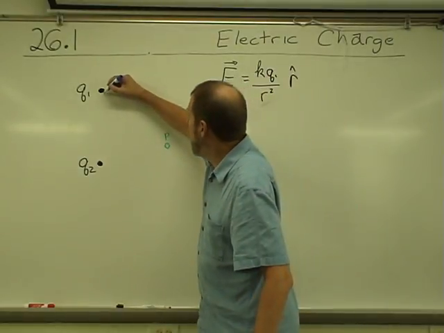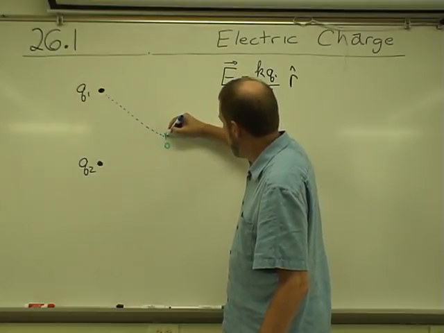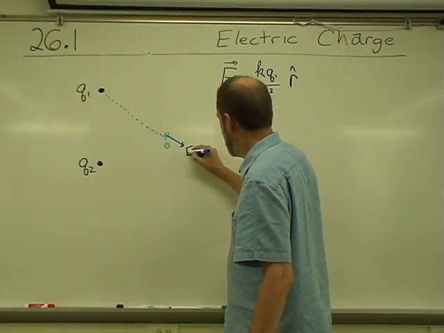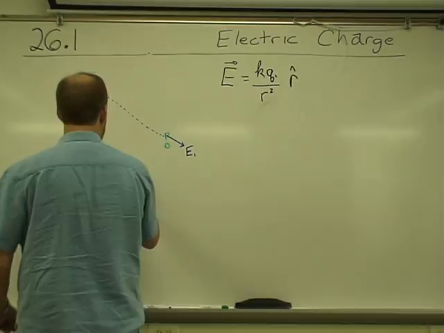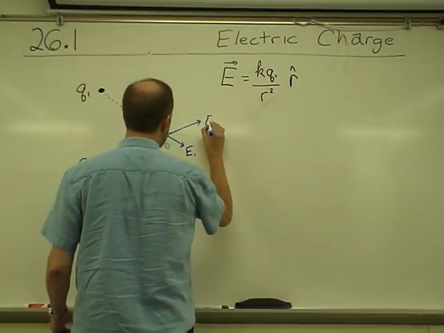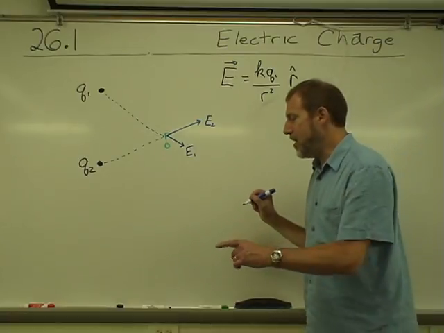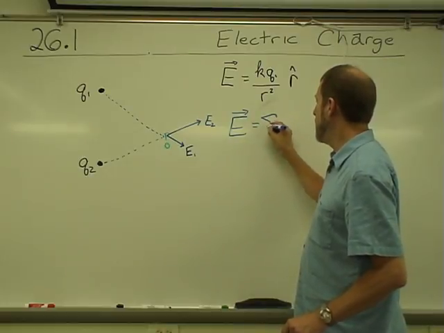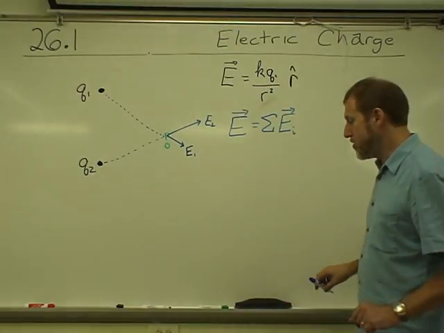That, if I have Q1 that's providing some electric field E1 at that point, and charge Q2 is providing some electric field E2 at that point, then the net electric field is just equal to the sum of those other electric fields.